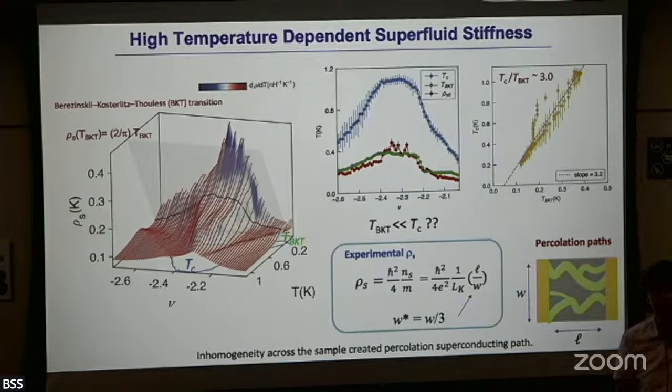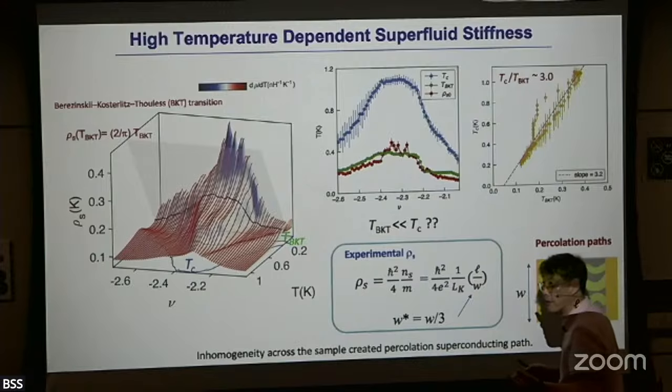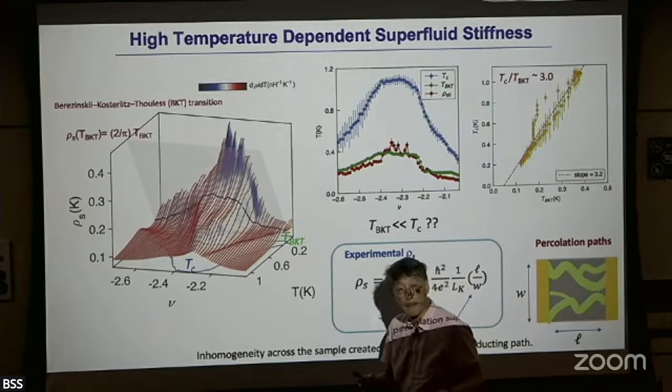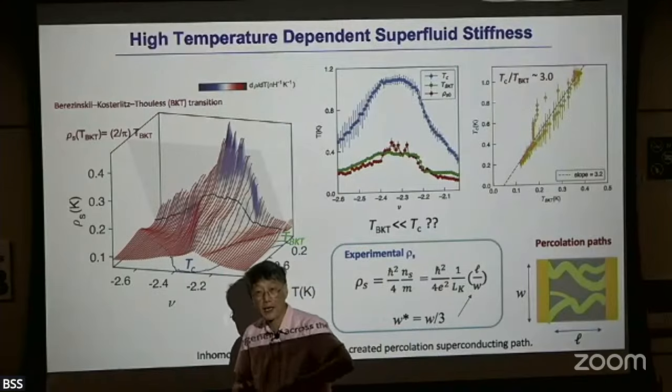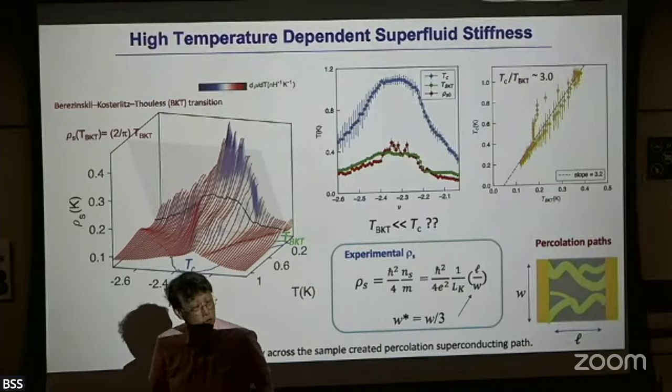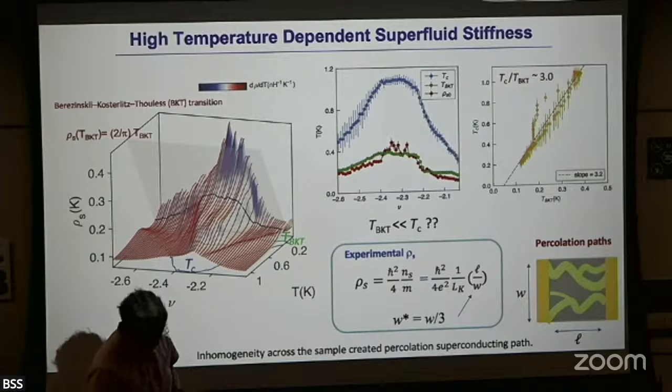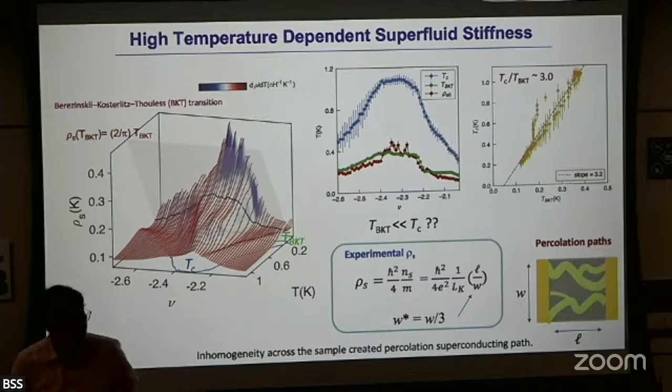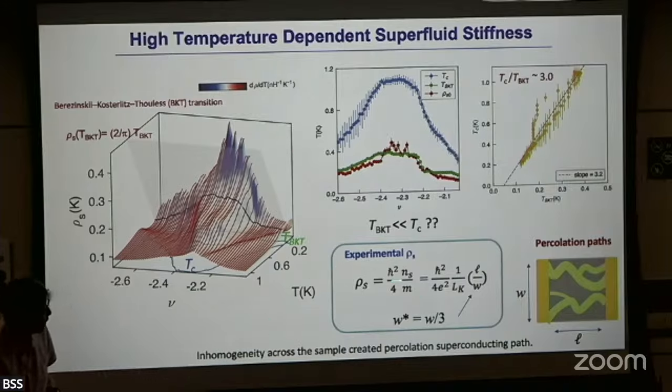I need about a factor of 3, which I would say is a reasonable number. So only one third of the sample becomes the superconducting pathway contributing to this measurement. If I make that correction of 3, I can bring these things together. I think that's one way I can explain the difference.